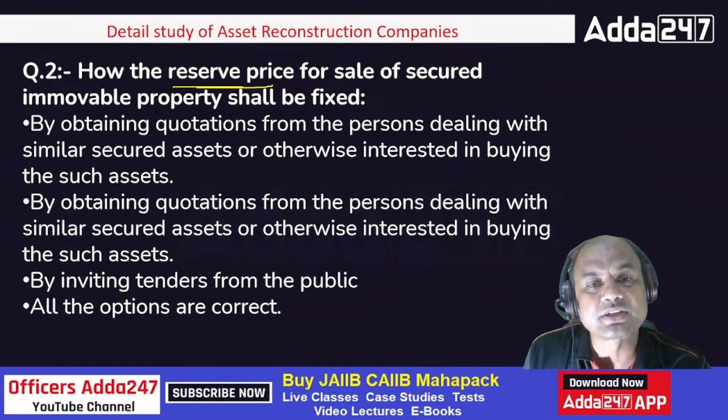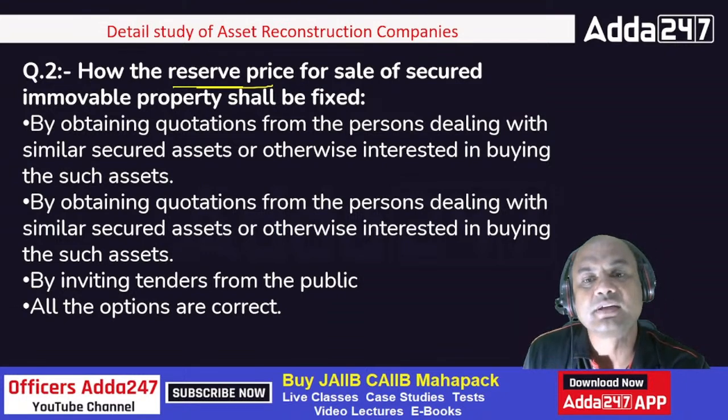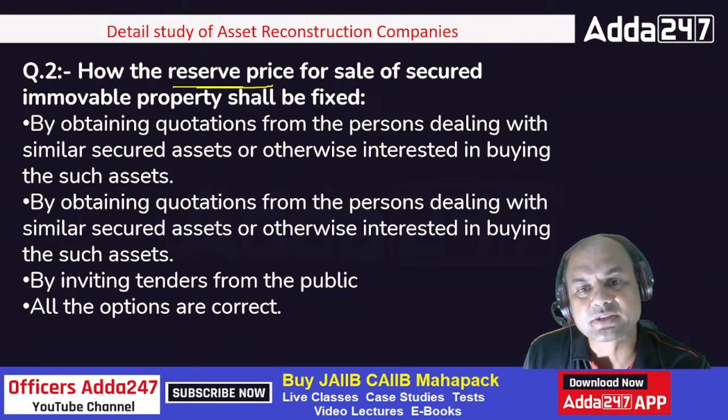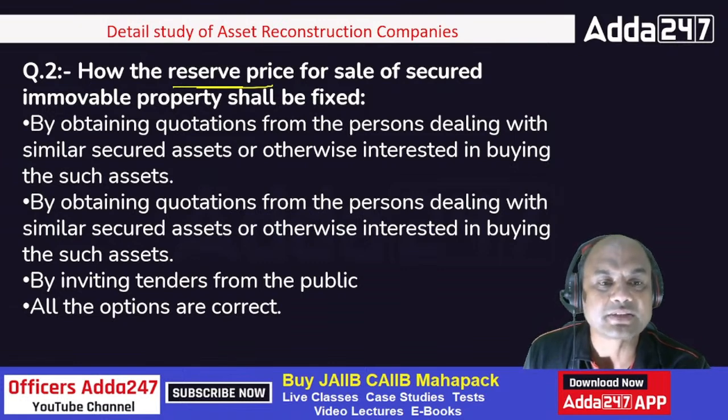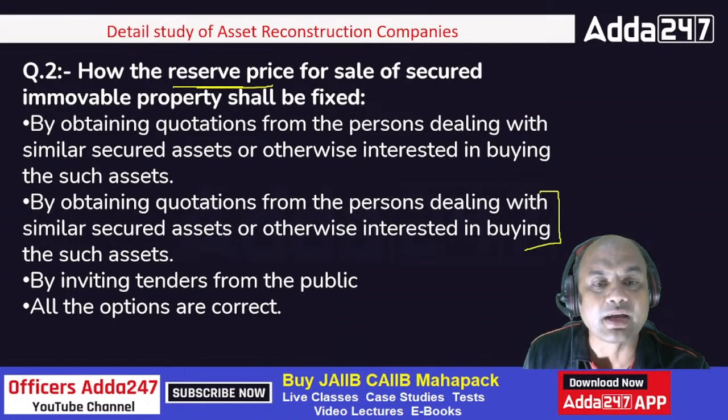By obtaining quotations from the persons dealing with similar secured assets or otherwise interested in buying such assets. Both these seem to be the same. Let's move on. By inviting tenders from the public. And all of the options are correct. So what can be the answer here? Which one?